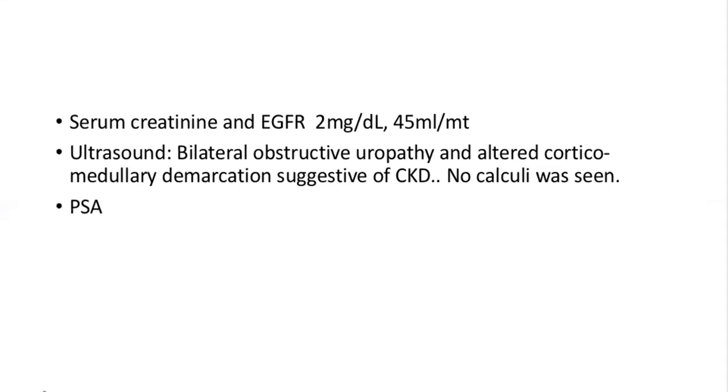Urine examination is important too. There may be coexistent obstruction and urinary tract infection. So urinary abnormalities and albuminuria as a cause of glomerulopathy are less likely in this patient. If a younger person comes with renal failure, you have to think about other causes also: glomerular, vascular, tubular, interstitial. All those causes are possible for renal failure. In this particular patient there was obstructive uropathy, so PSA is important.